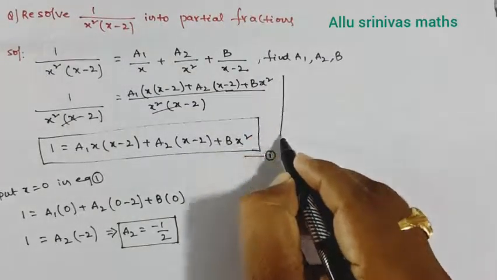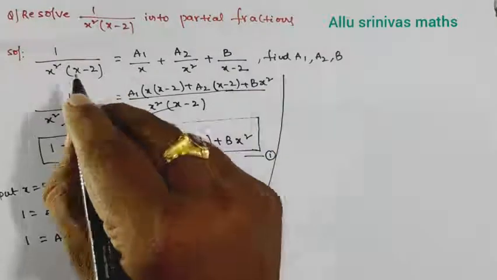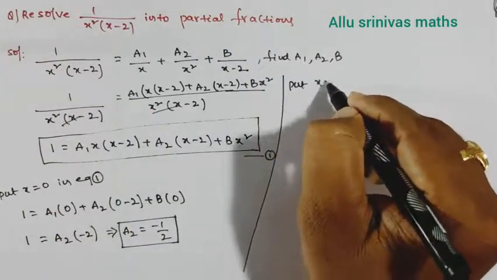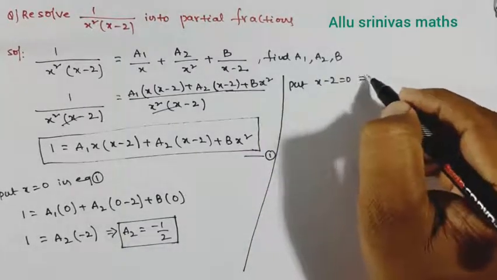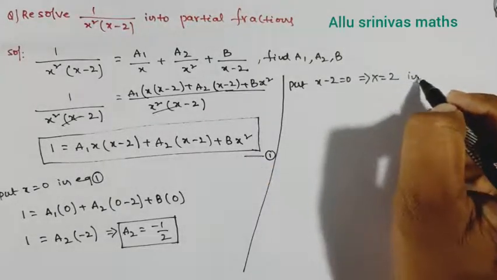Next we have to find the remaining two values. So next we take another linear factor, x minus 2. Put x minus 2 equal to 0, then x equals 2. Substitute in equation 1.